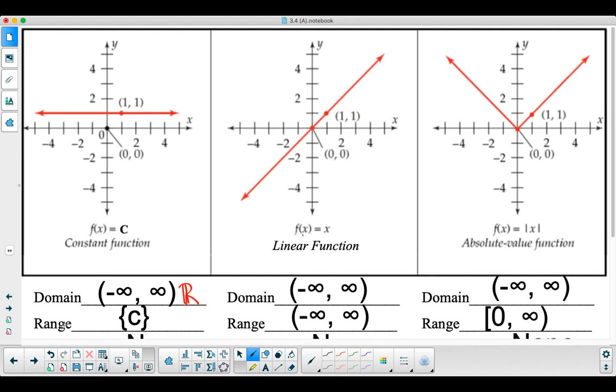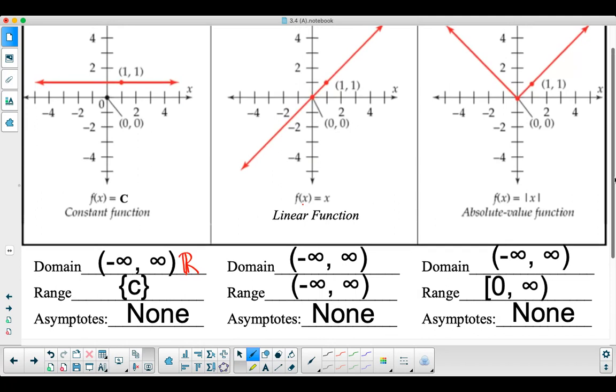The range is a set of y values. So for your constant function, there's only one y value that it can be, and that's going to be whatever you're defining that function to be equal to. So just your constant c value is going to be your range. And then, much like the other ones on this page, this does not have any asymptotes.